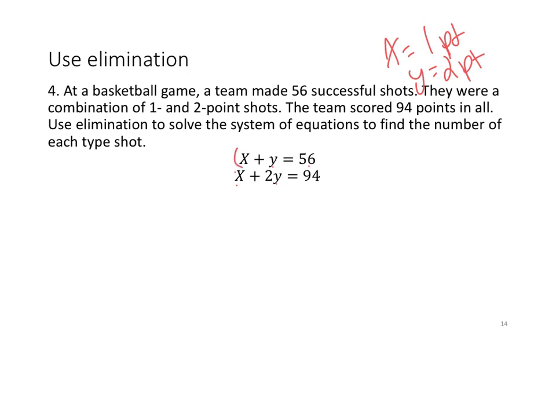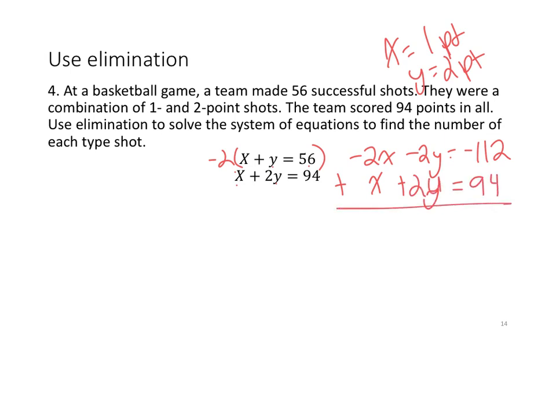We'll multiply my top by negative 2. So I have negative 2x minus 2y equals negative 112, plus x plus 2y equals 94.